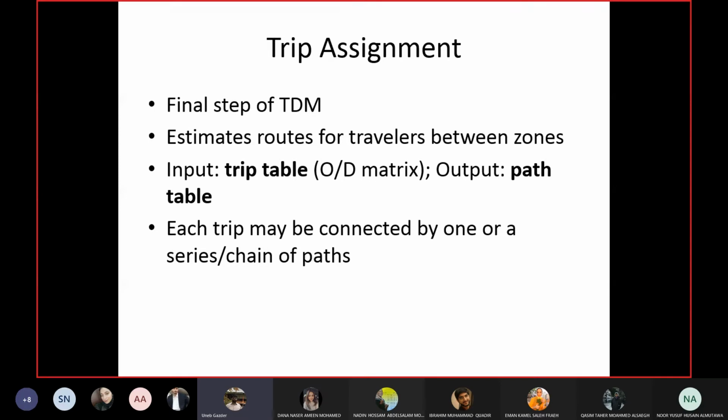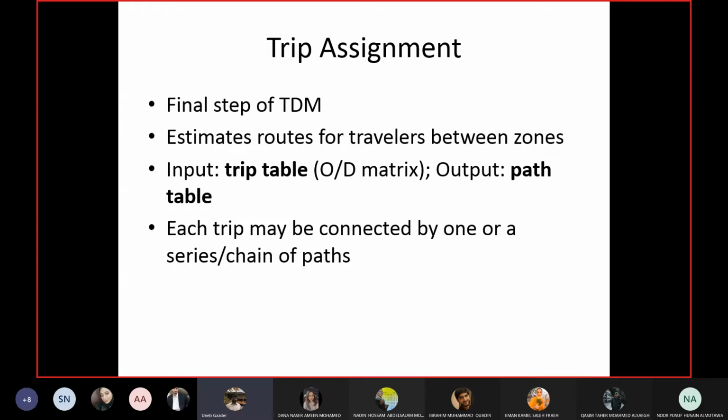Anyway, I will move on to the fourth and final step of the travel demand forecasting model, which is trip assignment. Trip assignment means now you assign travelers on different routes between the zones.